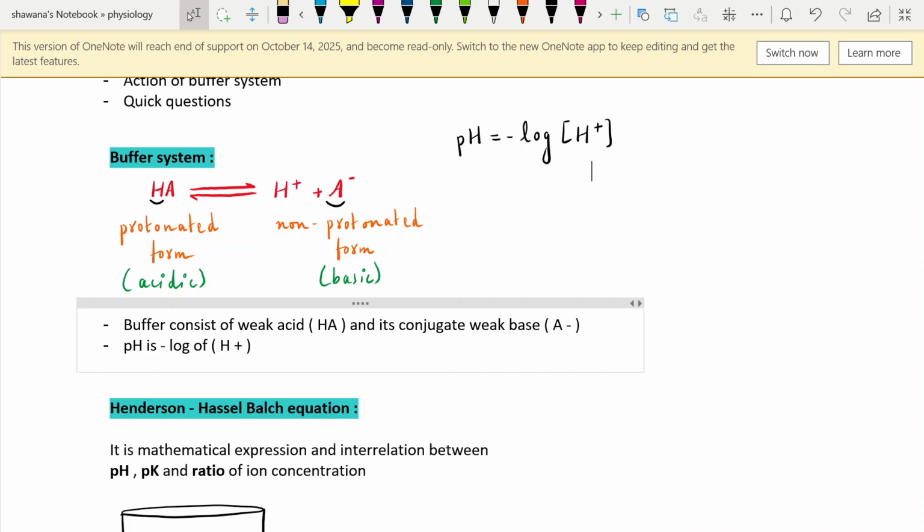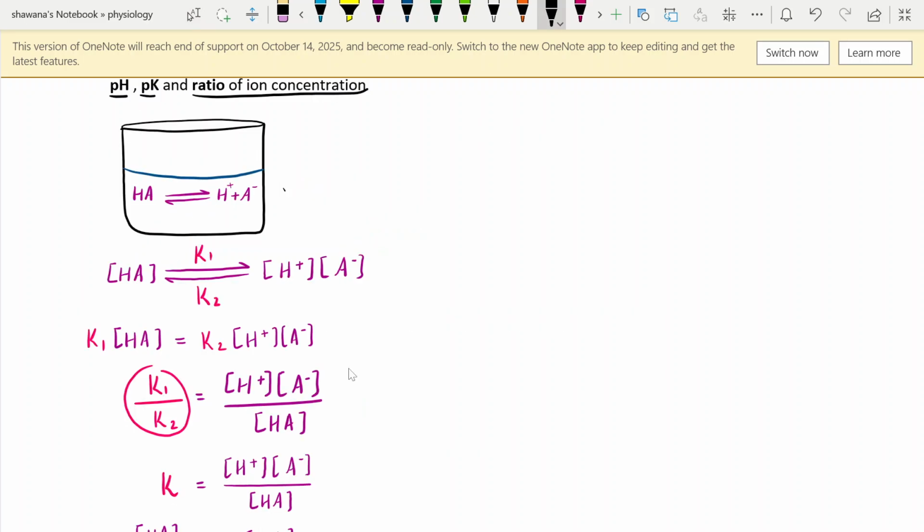So let's derive together the Henderson-Hasselbalch equation. First of all, if there is a solution, as you can see, and it contains a buffer, HA, the protonated form, is reversibly in relation with the non-protonated form, H positive and A negative.